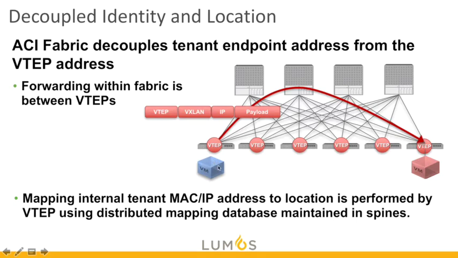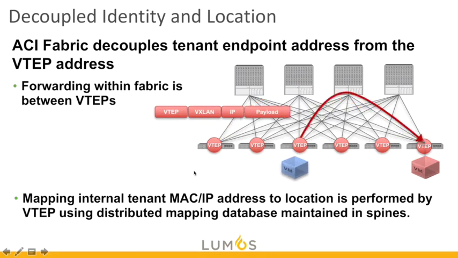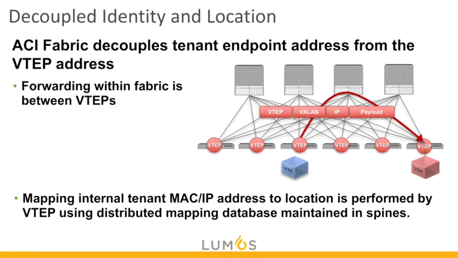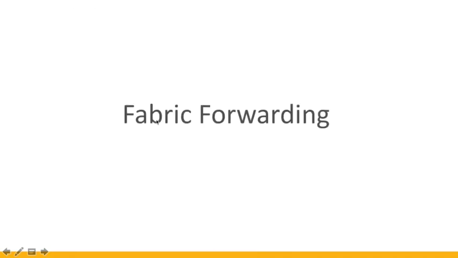So if we want to support vMotion, we can move a VM from one part of our network to another without re-IPing and without disturbing inbound TCP or other connections. So mapping internal tenant MAC addresses to location is performed by the VTEP using a distributed mapping database in the spines, and we'll talk about what that means.